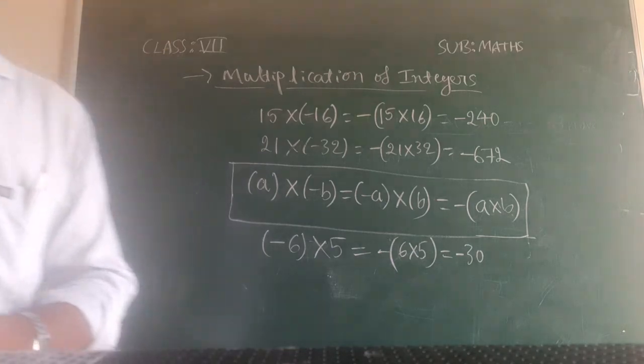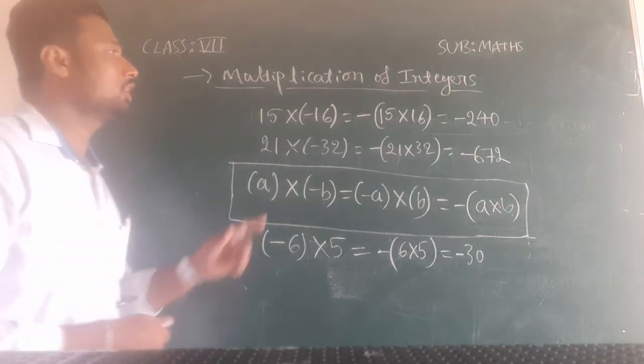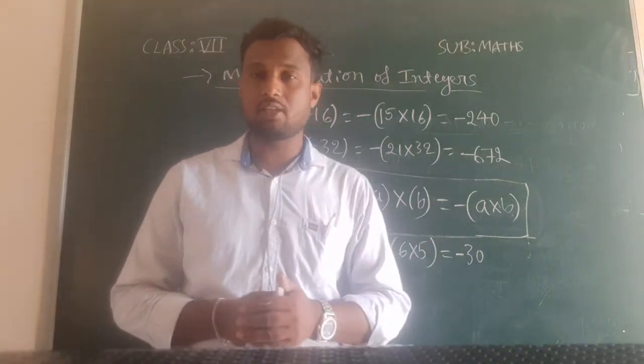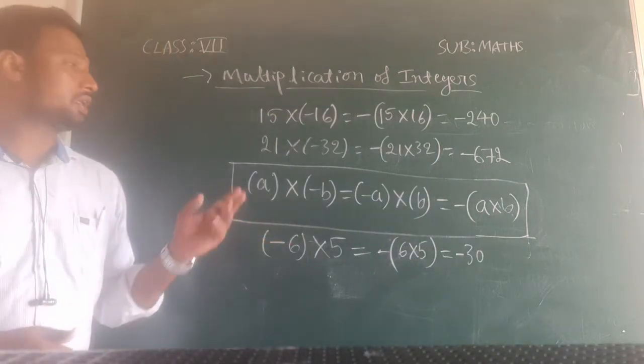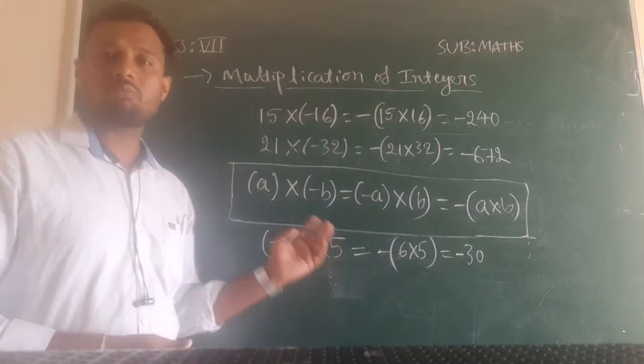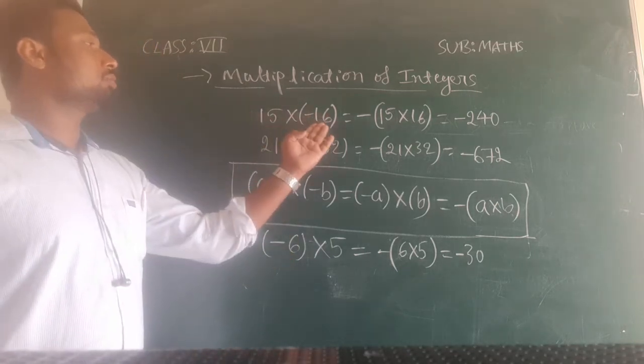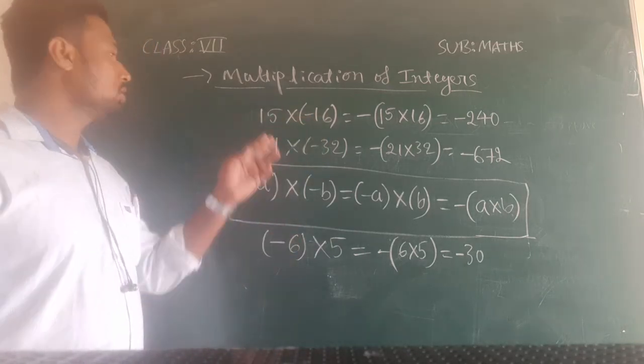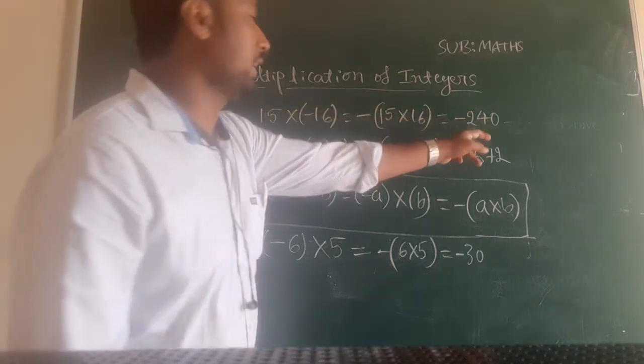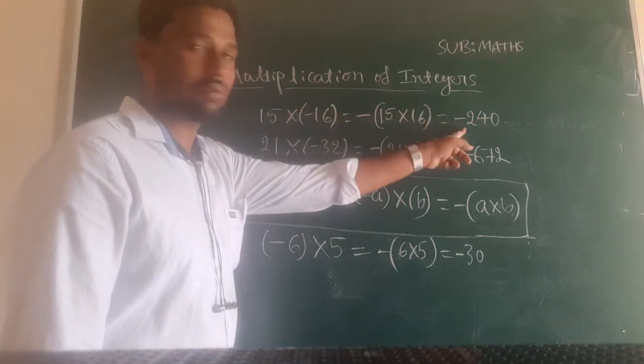And one more thing, it is simple. When you get only one negative integer value, you already know that plus into minus is minus, or minus into plus is minus only. You can see here plus 15 into minus 16. Whatever values you get, plus into minus is minus only.